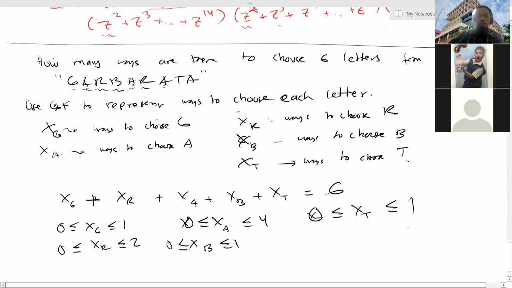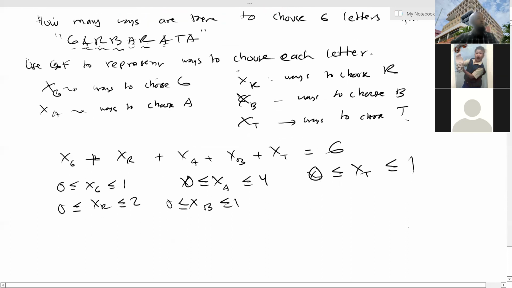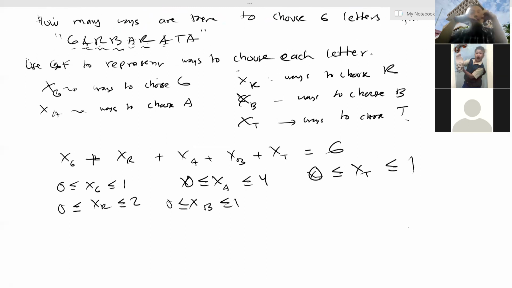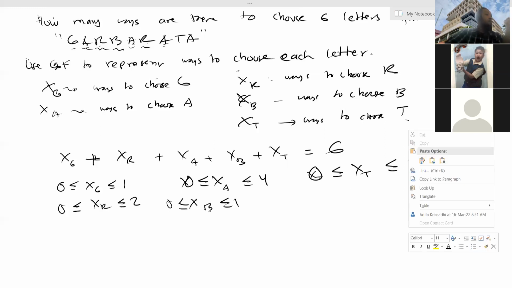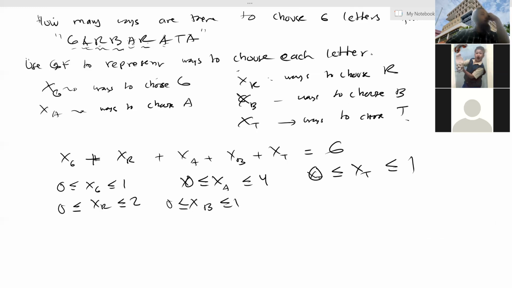Now the generating function can be defined in a way that corresponds to the count, right?